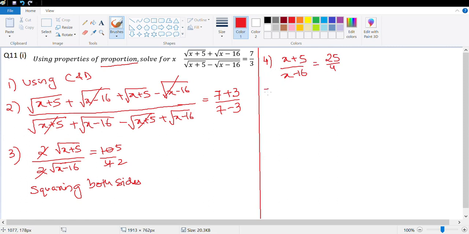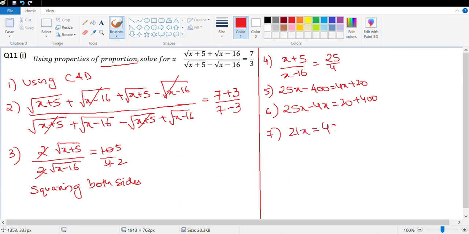When we cross multiply, we get 25x minus 25 into 16, that's 400, is equal to 4x plus 20. Let's bring x on one side, so that's 25x minus 4x is equal to 20 plus 400. That gives me 21x is equal to 420. X is equal to 20. Perfect, that's the value of x.